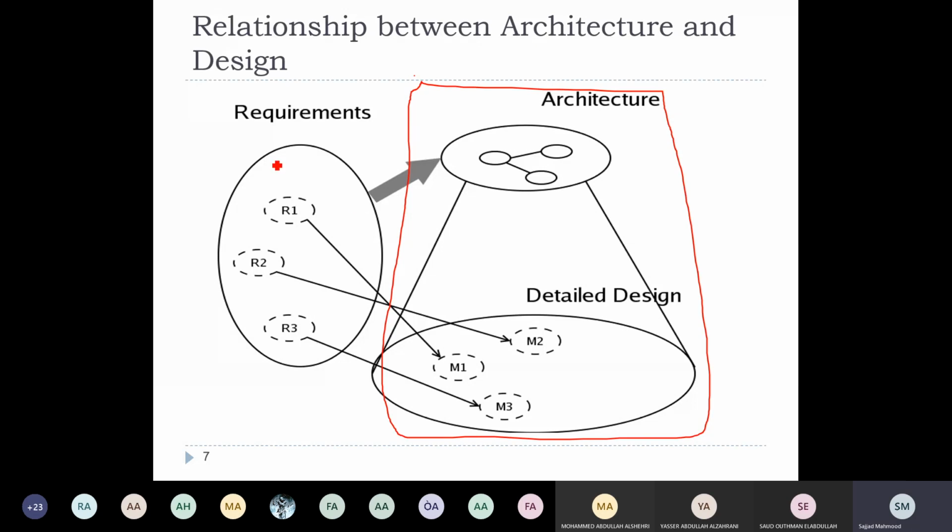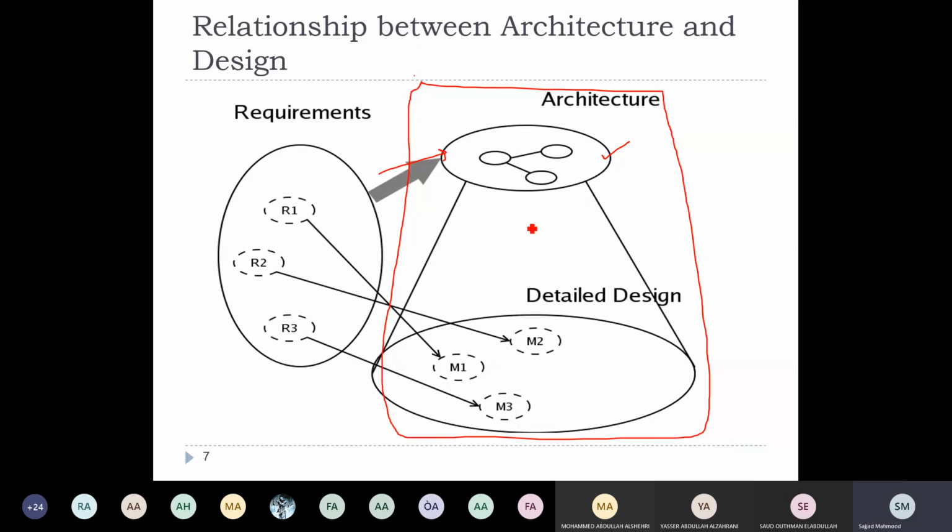And your complete requirements R1, R2, R3, they are your functional requirements, and of course you have some non-functional requirements here as well. Together they drive your architectural decision, right? So you don't look at each requirement one by one and say, for the requirement that I should have authentication, this is the architecture. No, you look at the overall picture and you decide for this system, this is a suitable architecture, okay?